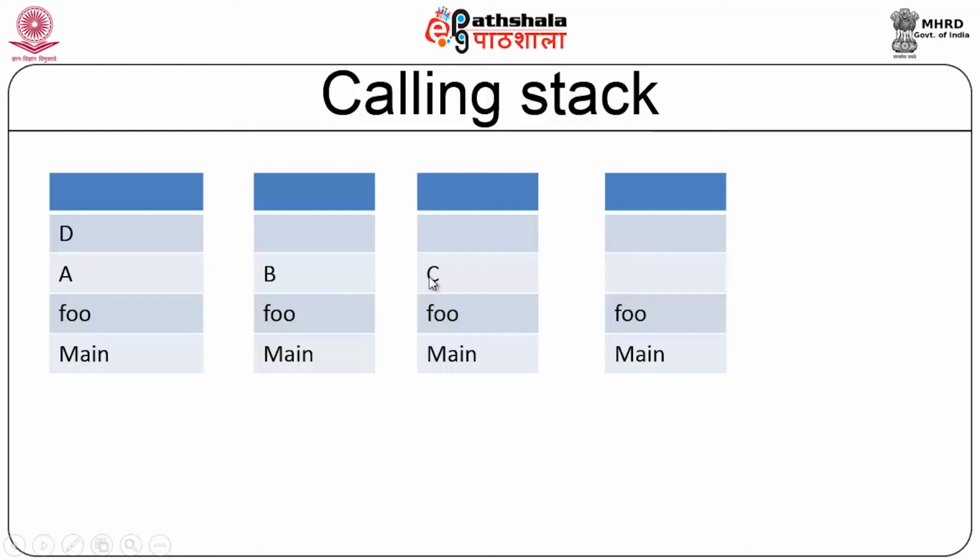We have not looked at B or C, so assuming that B is not going to call any other function, B just does some work and leaves. B is available at the top of the stack, and then when C gets called, C is added to the top of the stack, and after that C is also removed from the stack. That leaves foo and main. Once foo is also done, the stack will have only the main symbol table, which remains until the complete program executes.